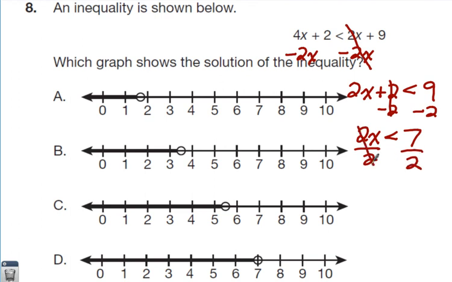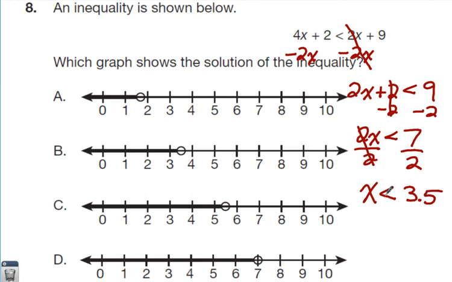Remember, if you ever find yourself dividing both sides of an inequality by a negative number, then you have to flip the inequality symbol. But I did not do that here. I ended up dividing both sides by a positive 2. And so this is 7/2, which is 3.5. So x is less than 3.5. This symbol means that there's going to be an open circle.